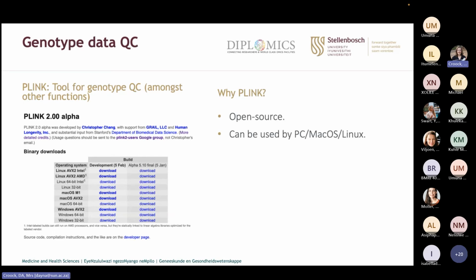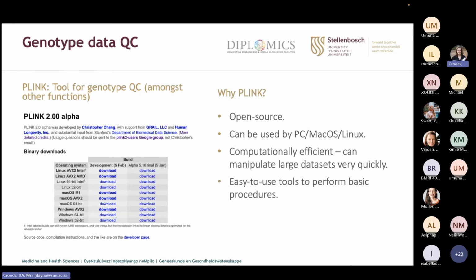It can be used on Mac or PC or Linux in theory. We're trying to figure out the downloading and the installation, so I know it doesn't feel like that right now, but it can. It's also very computationally efficient, and it can manipulate large data sets really, really quickly. And it's very easy to use. I'm sure it doesn't feel like it right now if you've never used it before, but when we get to the demo, I can show you it will be. So that's basically why we're using this tool.